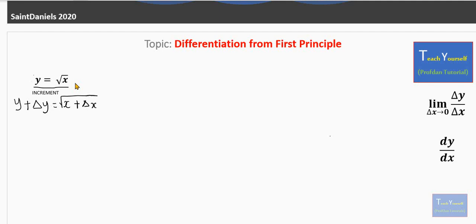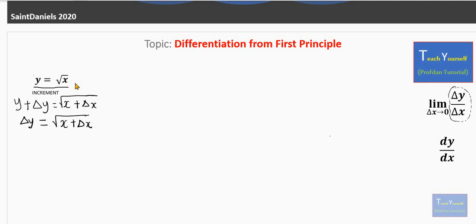From here, make the increment in y subject of the formula. And why are you doing that? Because at the end of the day, we want to get something like this out: increments in y divided by increments in x. So if I do that now, I have increments in y equals root of x plus increments in x.